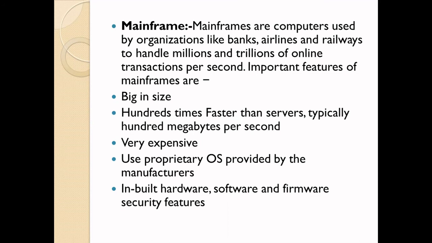Why am I saying main branch? Because a number of sub-servers are connected to a main server. That main server is called a mainframe, or works as a mainframe computer. Mainframe computers work totally in a network for sharing and using data.